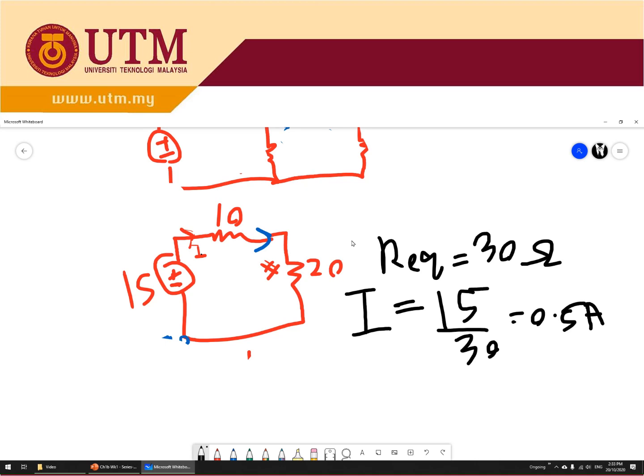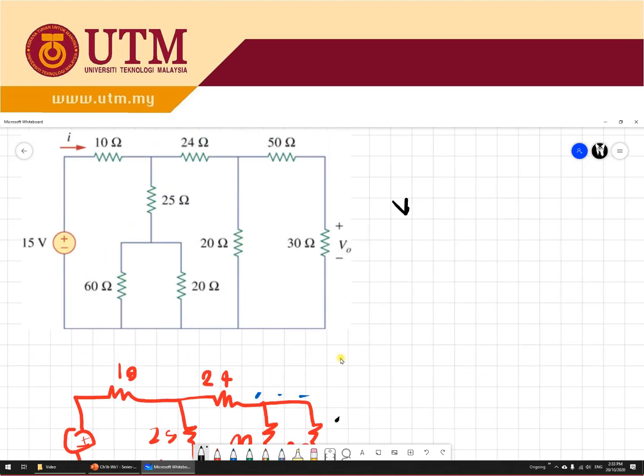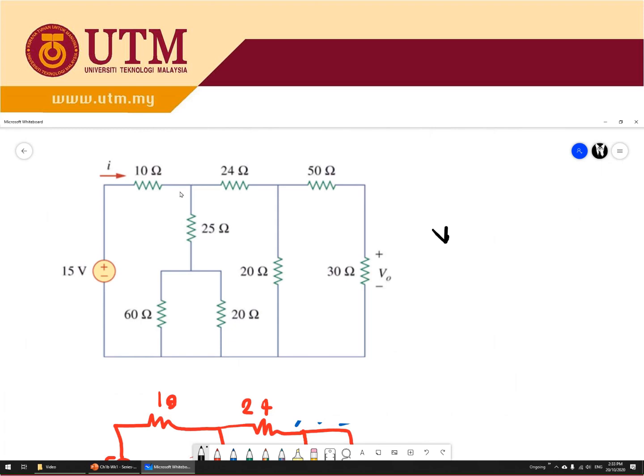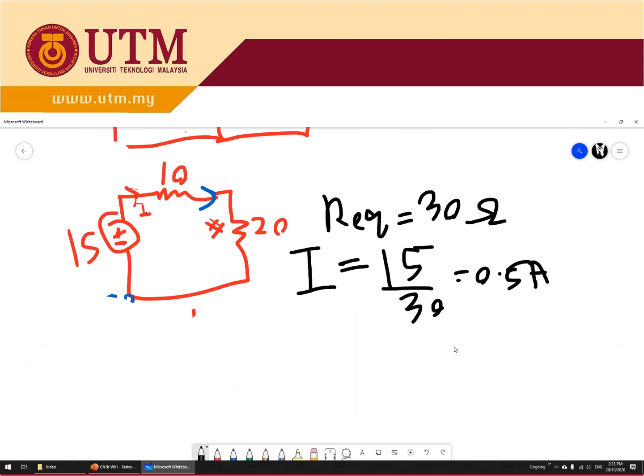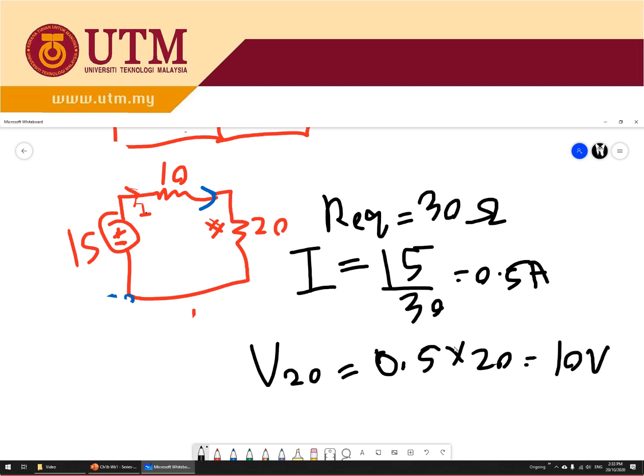Because V out is located at this side, which is the 20 ohm equivalent, and this is in series, V across 20 ohm equals I, 0.5 ampere, multiplied by 20, you get 10 volt. Basically this point to this point is 10 volt.